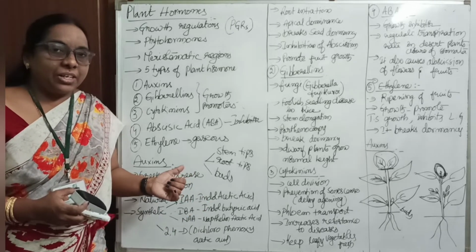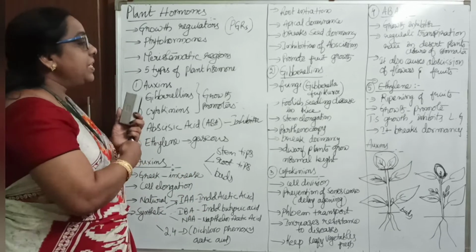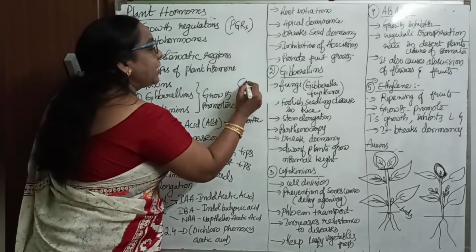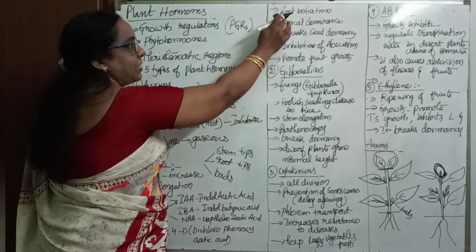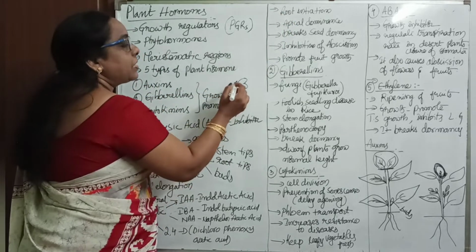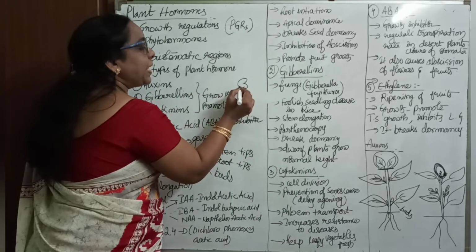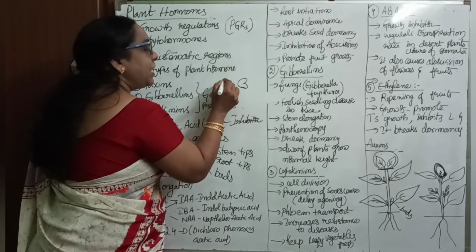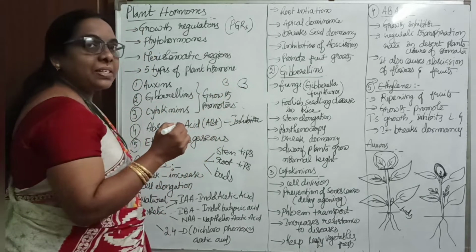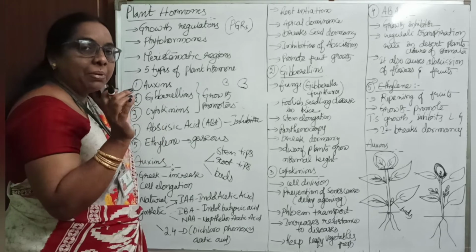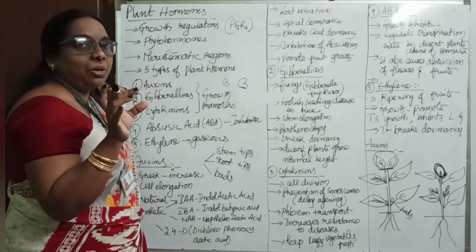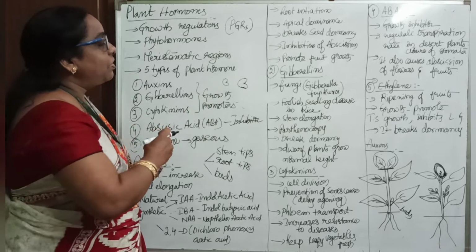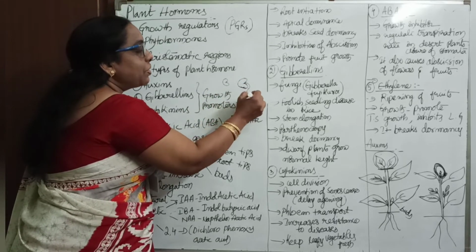The main function of auxin is cell elongation. Root initiation is also a main function of auxin. How does this root initiation take place? You studied this activity in class 5 and 6, I don't know how far you remember. The seed is small; when you keep it in the soil, it takes in water, bulges out, and begins the root.